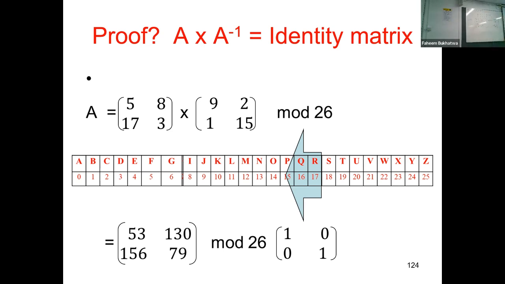Which is B and X, is it? Good. That's 123.